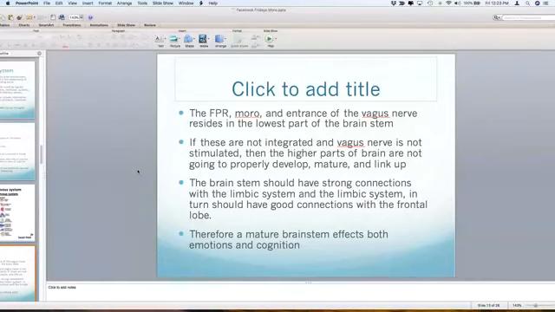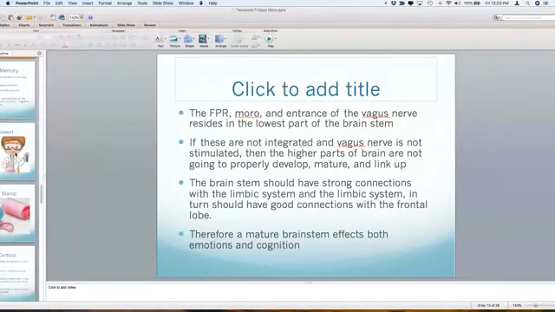Therefore, there's connections between the brainstem and the frontal lobe. And then the frontal lobe, which is the executive function, can send some commands about how not to respond. So therefore, a mature brainstem affects both emotions, which is the limbic system, and cognition or thinking, which is in the frontal cortex, in the frontal lobe.